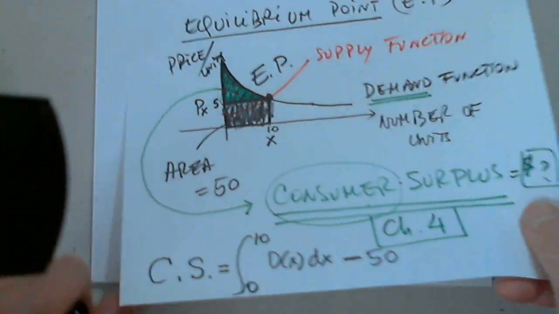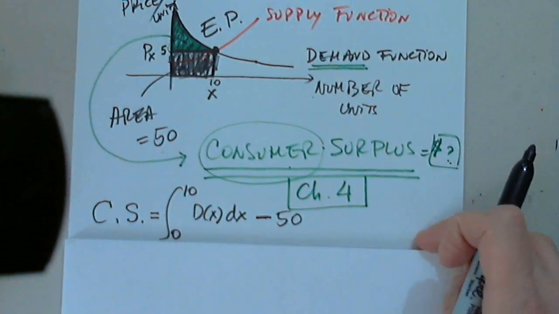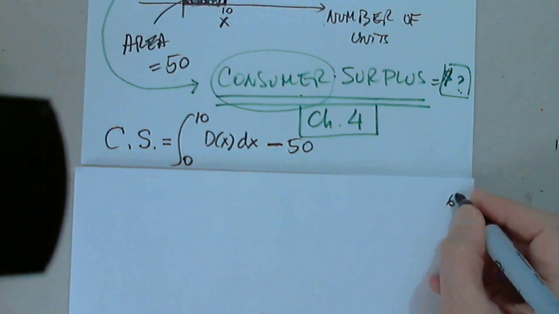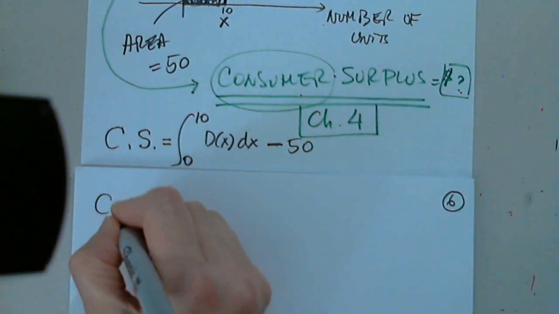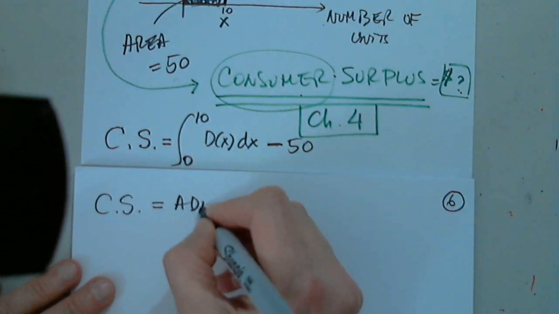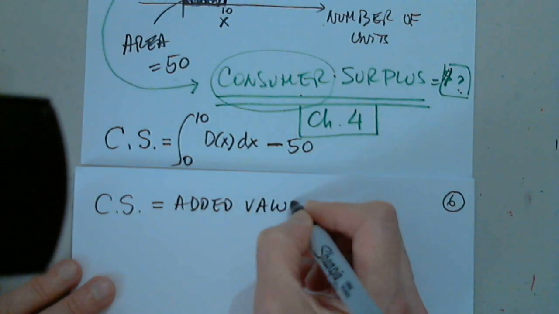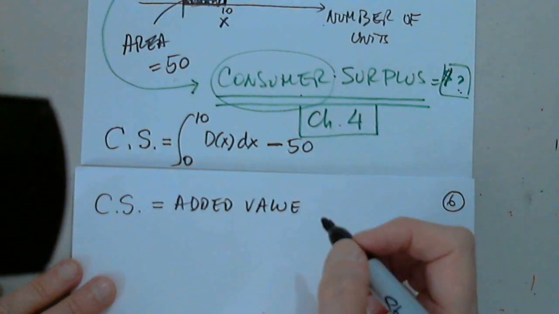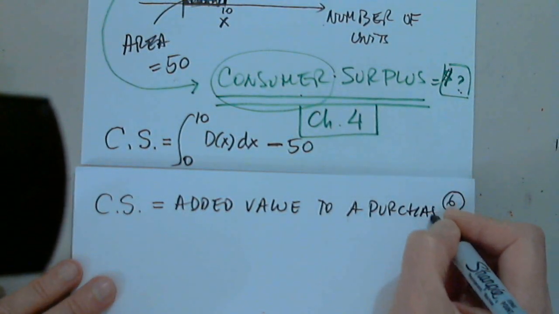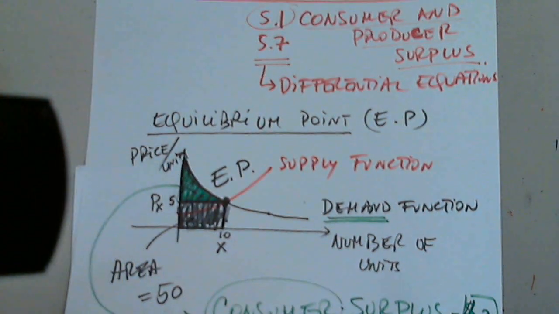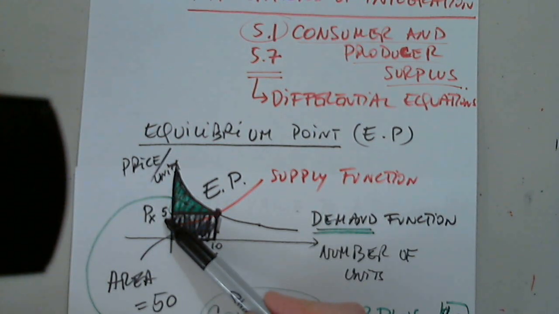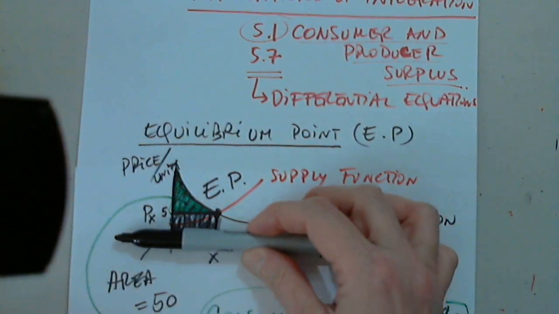Okay, now let's explain in words what the consumer surplus is. Consumer surplus is some added value to a purchase. So in other words, we are paying $5 per unit, but actually we should have paid a little bit more.